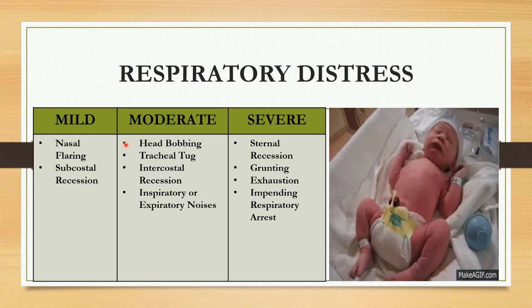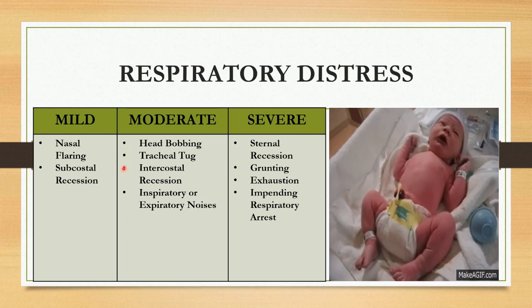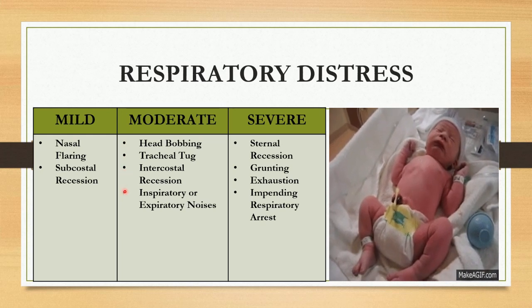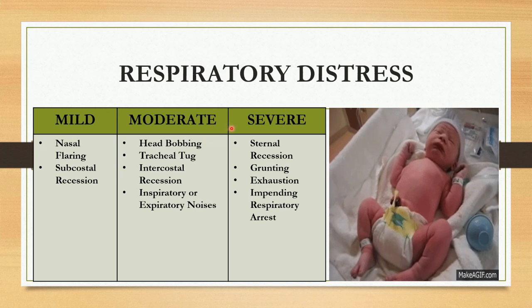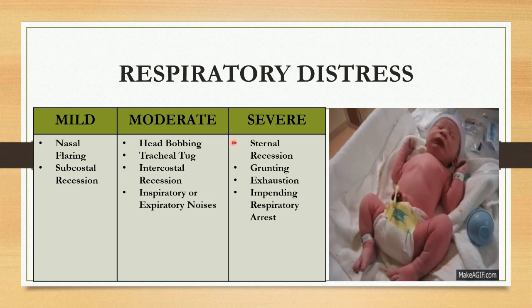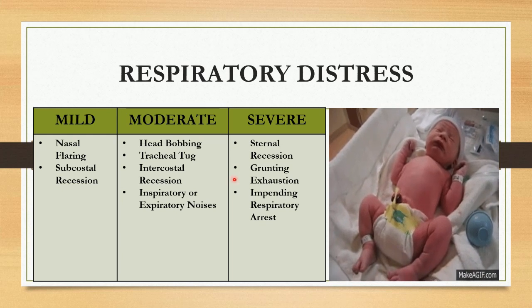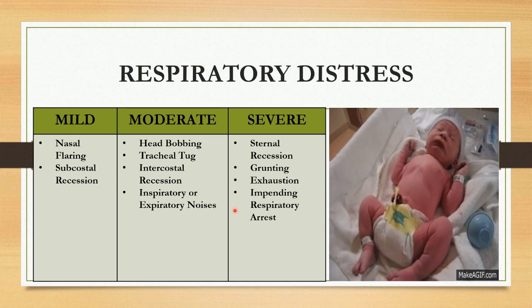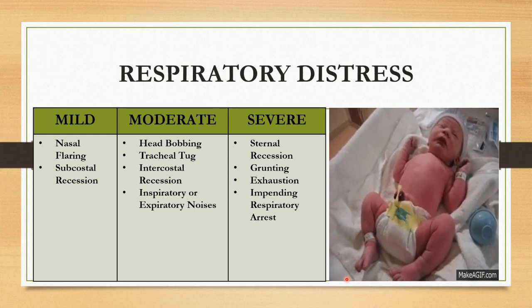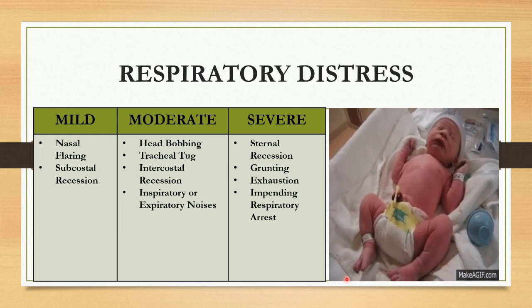Under moderate, the baby will have head bobbing, tracheal tug, intercostal recession, inspiratory or expiratory noises. If it is severe, then the baby will have sternal recession, grunting, exhaustion, and impending respiratory arrest. You can clearly see in this picture a baby in respiratory distress.